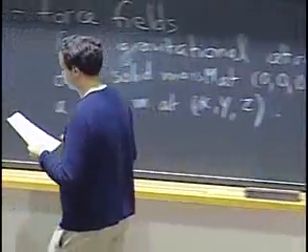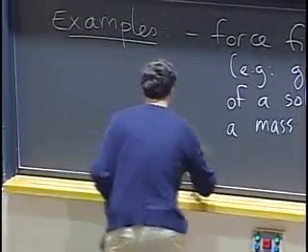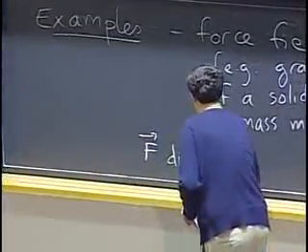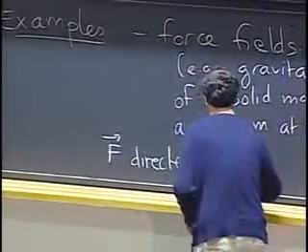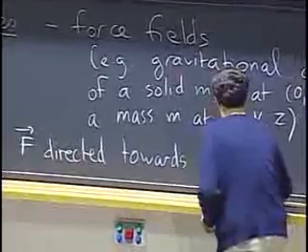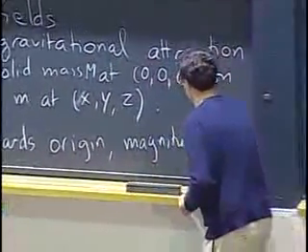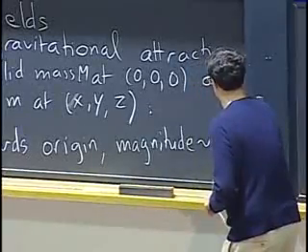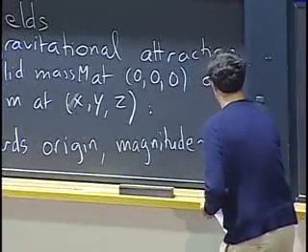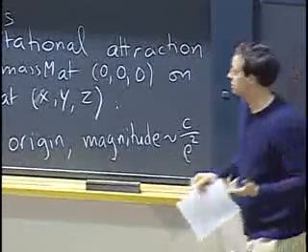Such a field would be directed towards the origin, and its magnitude would be of the order of a constant over rho squared, where rho is the distance from the origin.